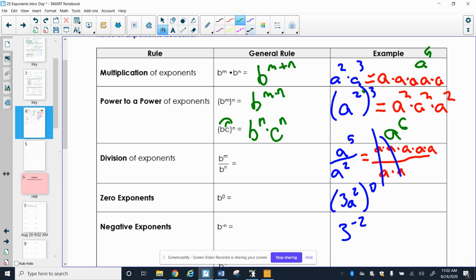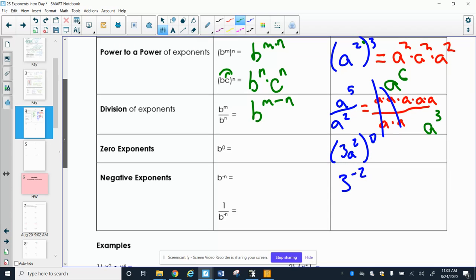Well, what are we left with then? Well, we have 3 a's left on top, a to the third. So our general rule, well, we had a to the fifth divided by a squared, became a to the third. What did we do? Well, we subtracted those exponents. So our rule here, we'd say b to the m minus n power.